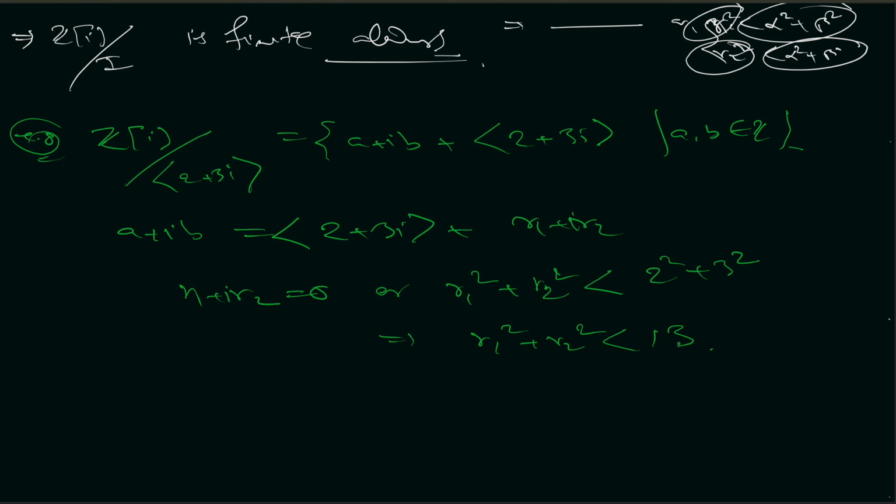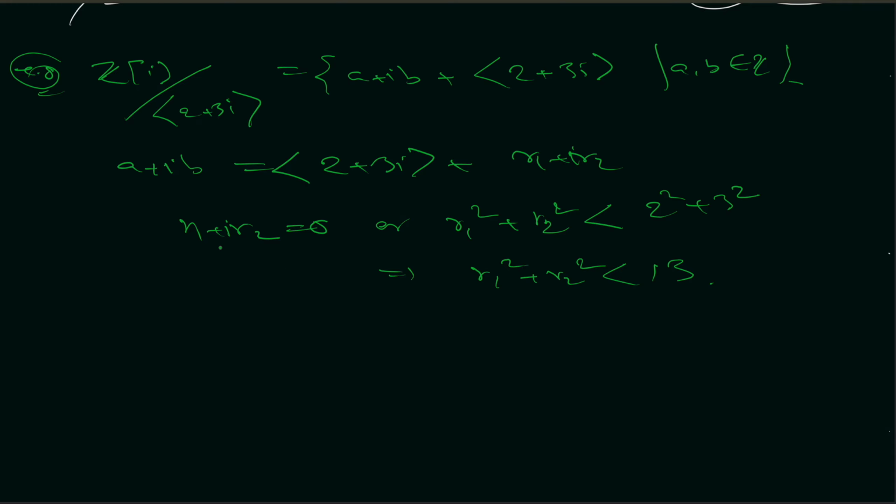Okay, so now you can choose r1 and r2. That will give you the total number of choices. And this is your I. Either r1, r2 equal to 0, 0, which is also a solution, right? So you can take this easily.